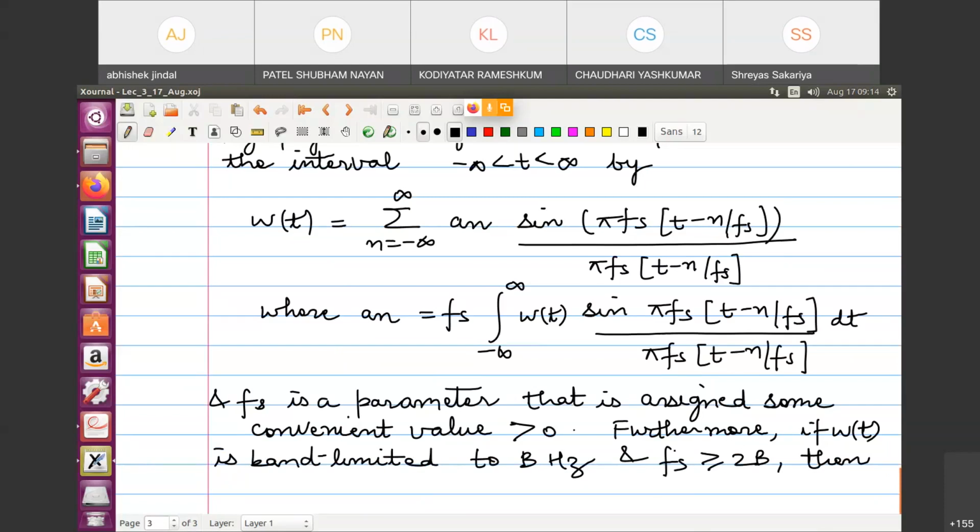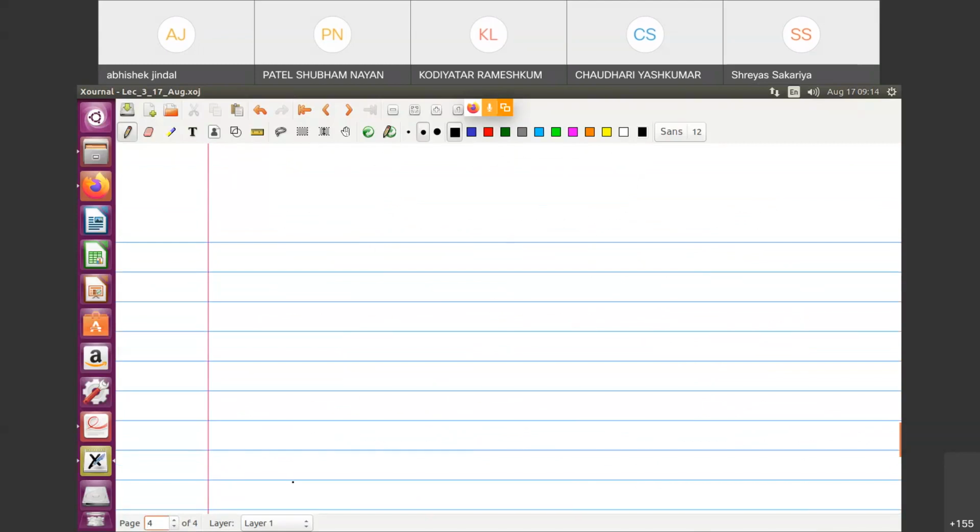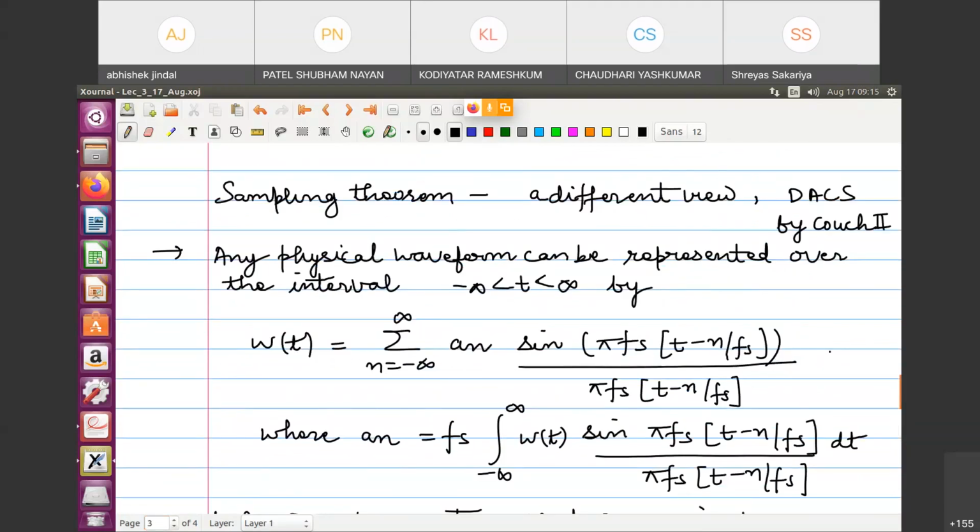We are saying f_s needs to be greater than or equal to 2B. Let me write this as equation 7 and this as equation 8, because we started equation numbering from 6.